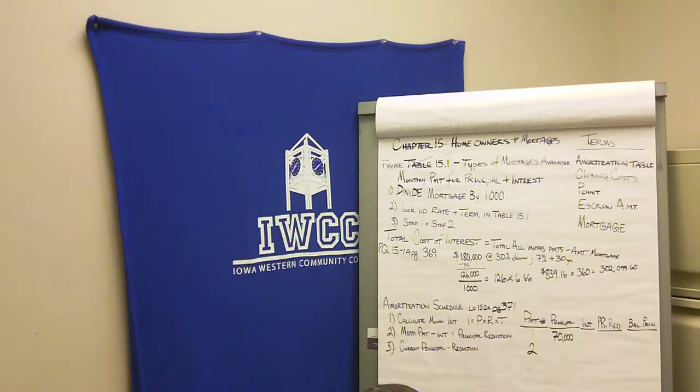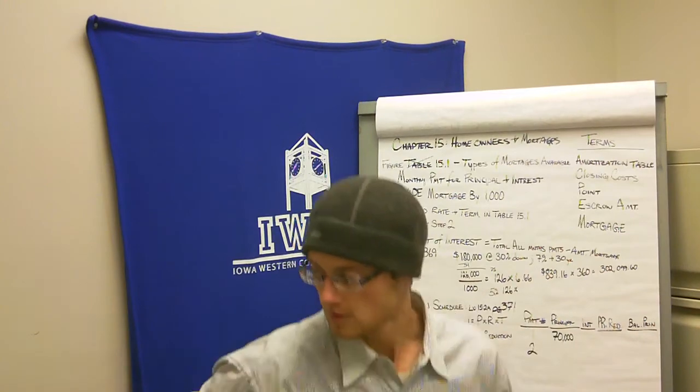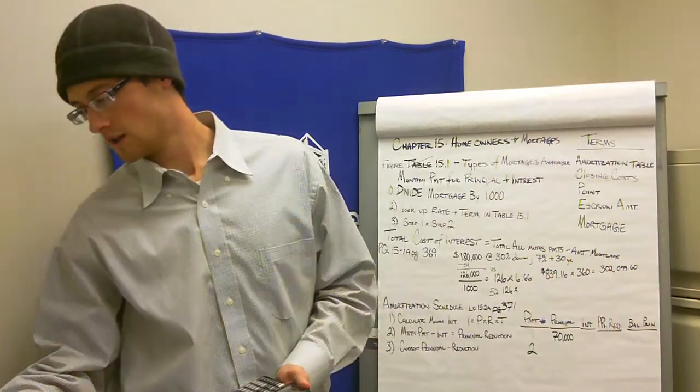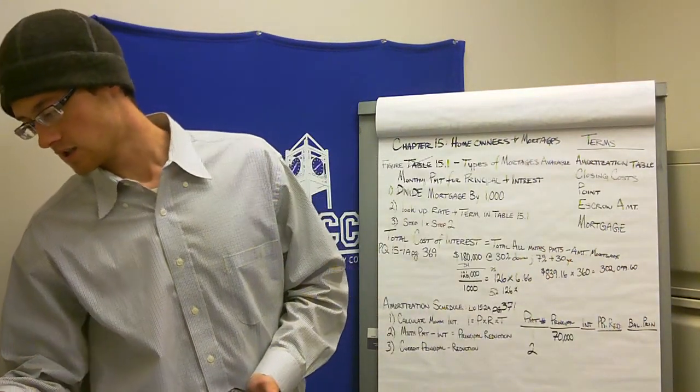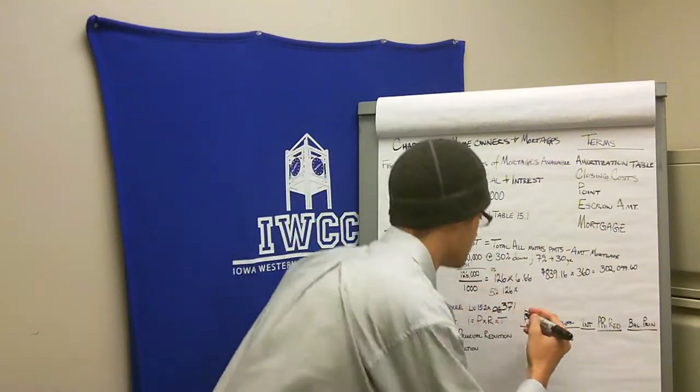Then it says, what happens if they actually got 5%? We'll have to go back and change this rate. This is at a 7% rate. What happens if we get it at 5%? Still the 126, same mortgage. It's just going to be a different factor. I'll look it up in the book. 5% is actually 5.37.